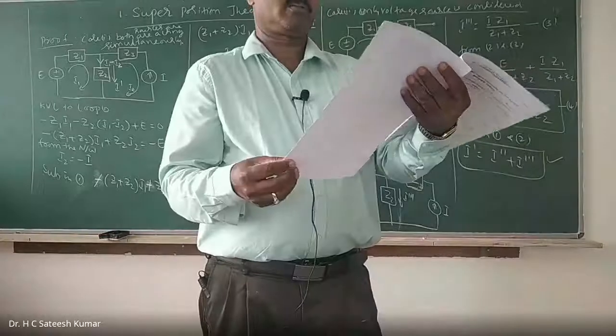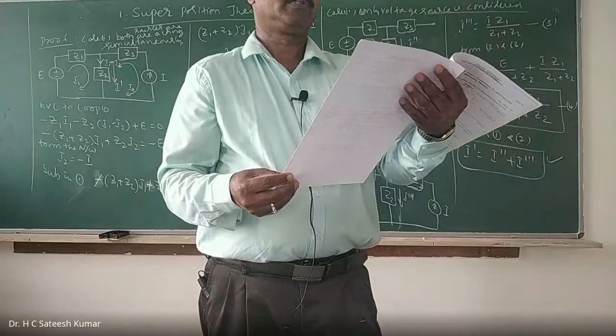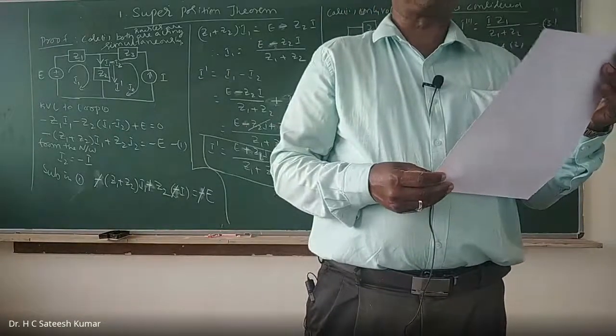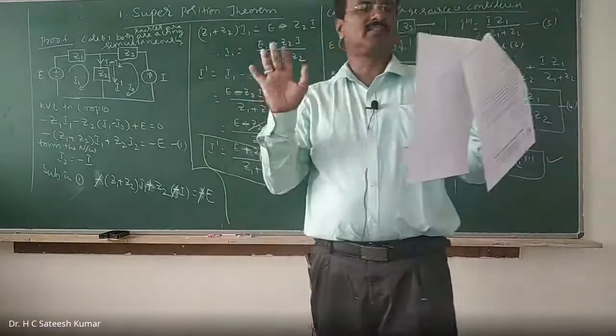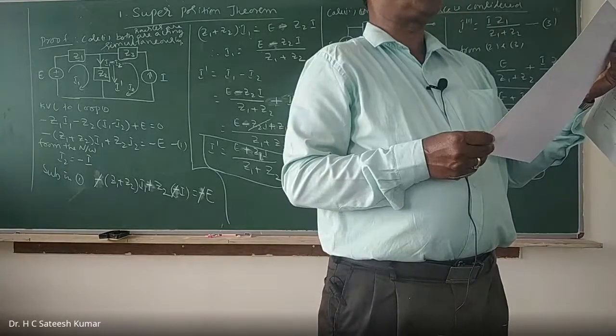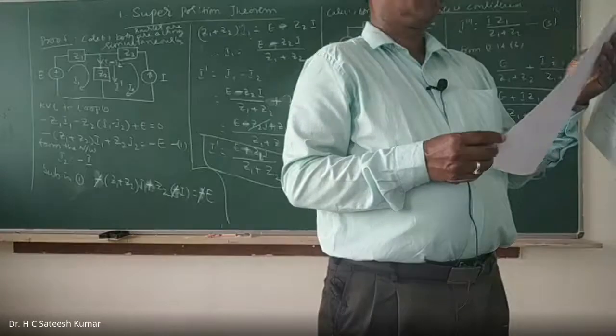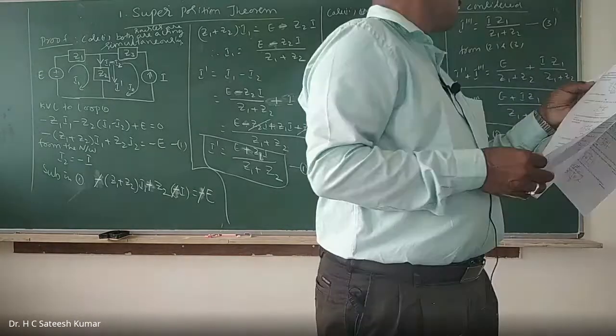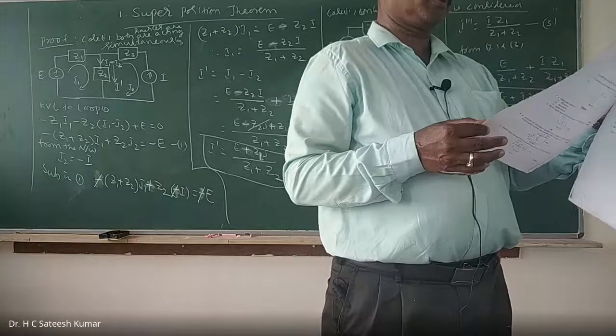Here also, see that question, 6 marks. State and explain superposition theorem. So this proof he has asked for 6 marks in the examination, State and explain superposition theorem for 6 marks. So which was asked in last year's regular paper. Okay, right? This proof he has asked for 6 marks in the examination.